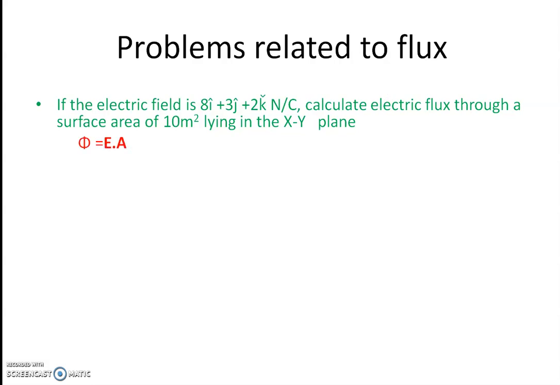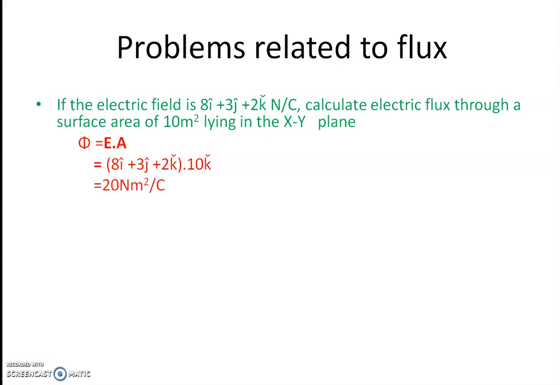So we'll write the formula. Flux is equal to E dot A. Here E and A are written in bold letters to show that they are vectors. You can substitute the values of E and A: E is 8I plus 3J plus 2K dot 10K. So what will you get?